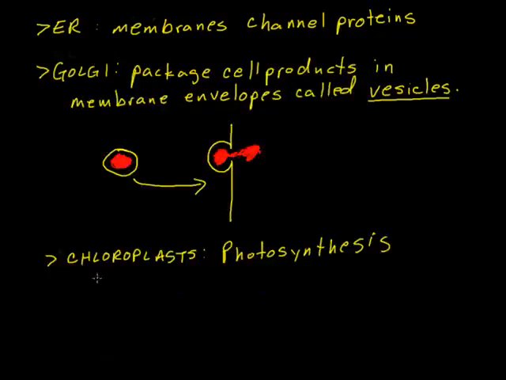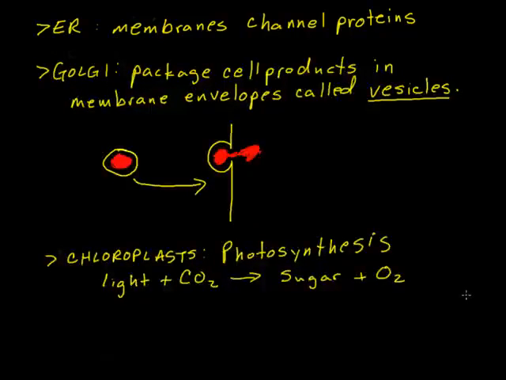And as we discussed before, photosynthesis involves the absorbing of light. We'll go ahead and put a little summary here. Light plus carbon dioxide is used to make sugar, and fortunately for us, the chloroplasts also make oxygen, which we breathe.